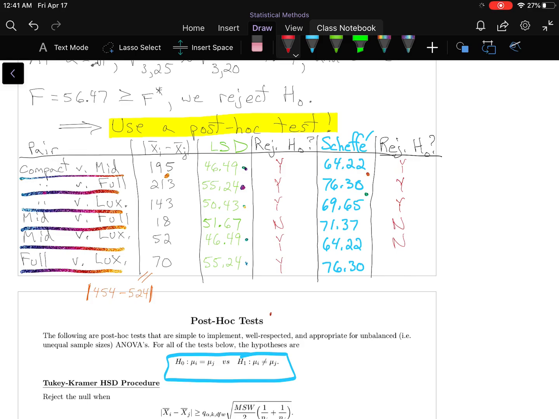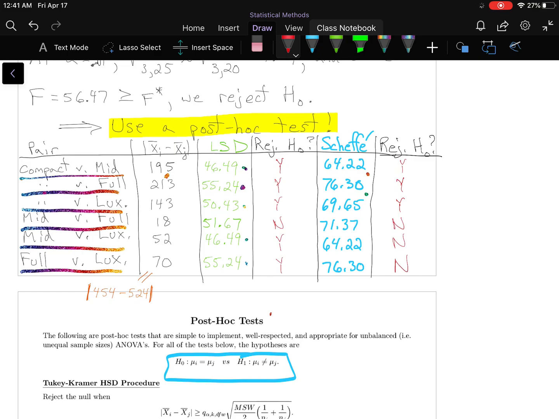And so that is, if column 2 exceeds column 5, then we are going to reject the null hypothesis. 195 is larger than or equal to 64.22, so yes, we reject. 213 is bigger than 76, so we reject. 143 is bigger than 69, so we reject. 18 is not bigger than 71, so no. 52 does not exceed 64, so no. And 70 is not further to the right than 76.3, so we also do not reject the null hypothesis there.